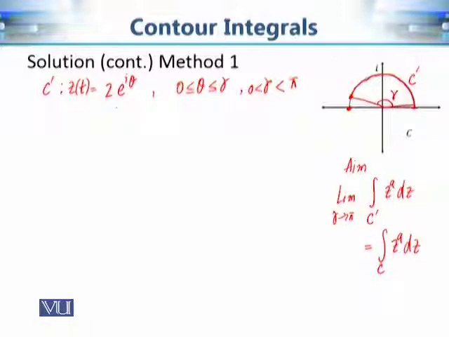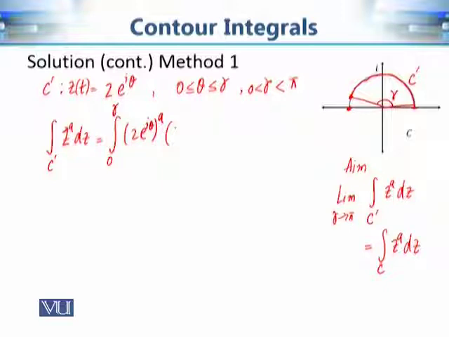Now let's begin with our calculation. The integral over C prime of z raised to power a dz is going to be equal to, now the variation of theta is going to be from 0 to gamma, and this is f of z of t. So what is the function? The function is z raised to power a, so we just take the power of 2 e raised to power iota theta to be a.